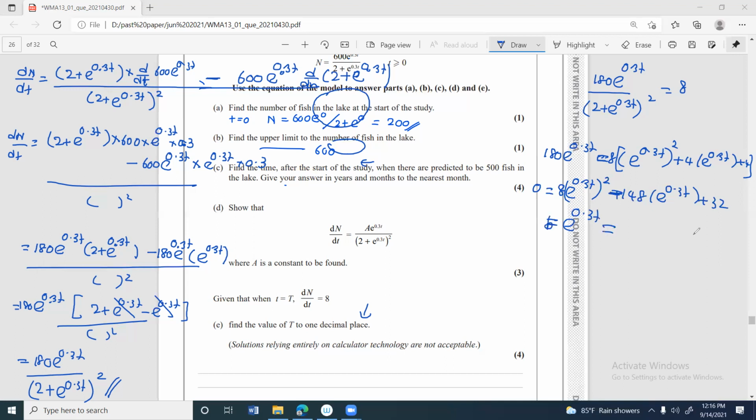If you simplify this function, it's a quadratic function in terms of e to the power 0.3t, with coefficients 8, minus 148 and 32. One answer is 18.21. The other answer is 0.21.